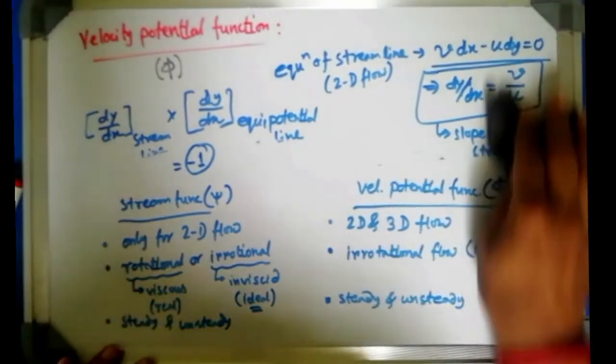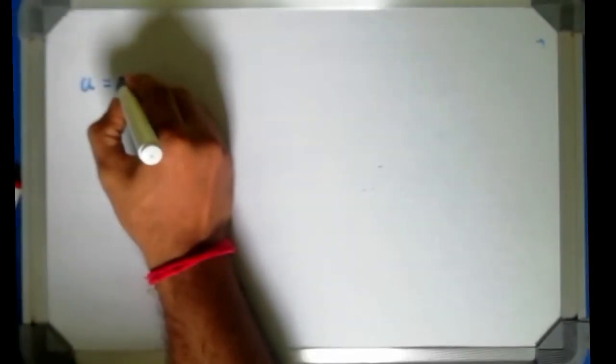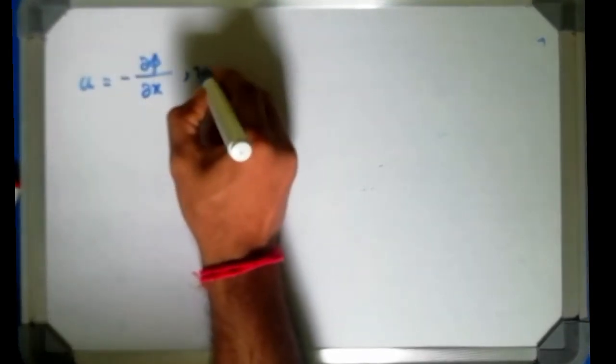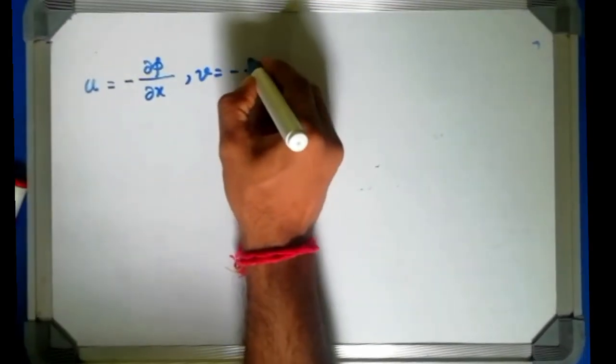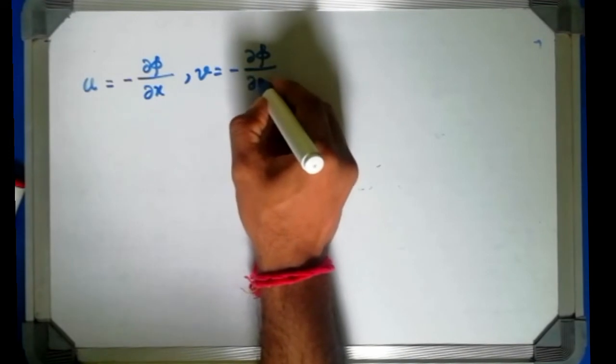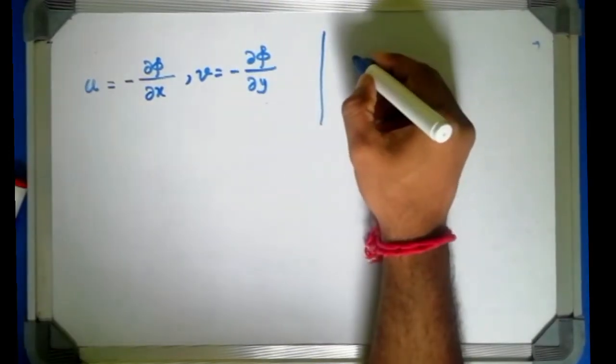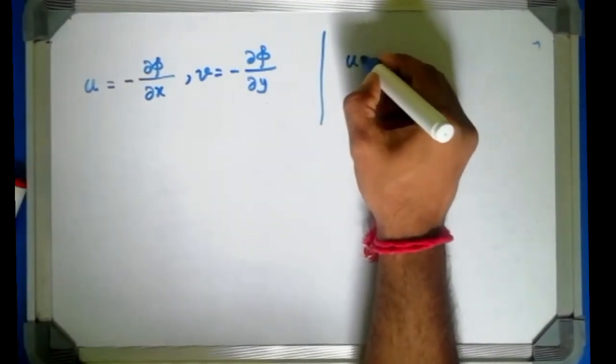Last of all, if we want to build a relationship between stream function and velocity potential function, then easily I can build a relationship. For velocity potential function I can write like this, and for stream function I can write like this.